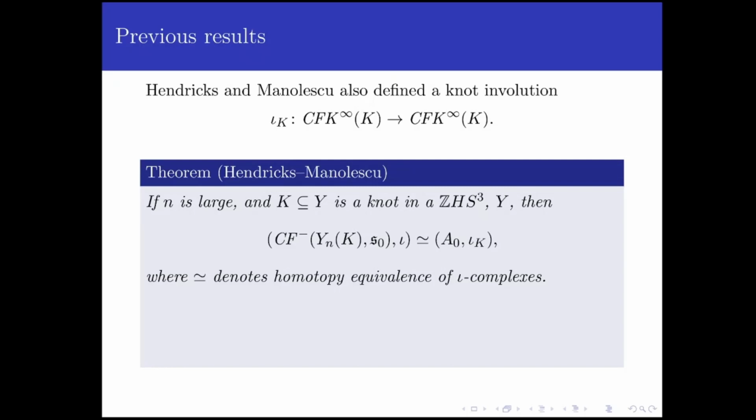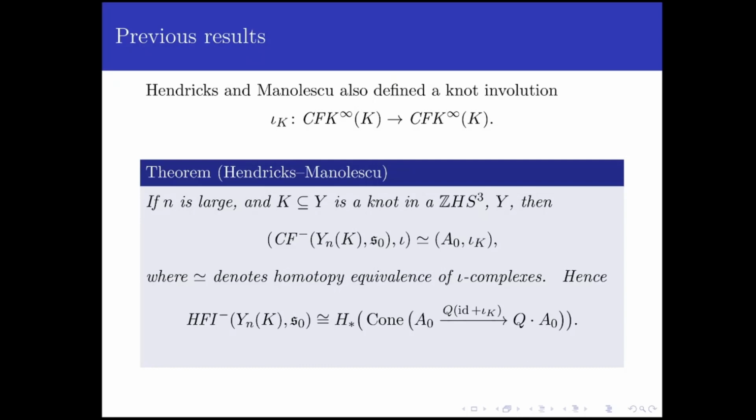So they proved that if the surgery coefficient is large enough, and you have a knot in, let's say, an integer homology 3-sphere, then the involutive Heegaard Floer homology of the surgered manifold coincides with the knot involution on A0, which is a particular subcomplex of CFK infinity. And they showed that these are equivalent as complexes equipped with homotopy involutions.